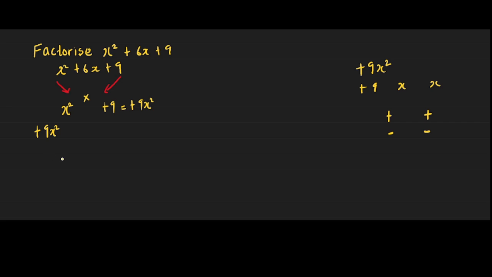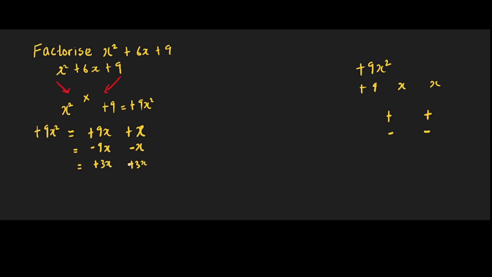Now, plus 9x squared. That means we can have a plus 9x and a plus x, which will give us plus 9x squared, or we can have a minus 9x and a minus x. We could also have plus 3x and plus 3x.